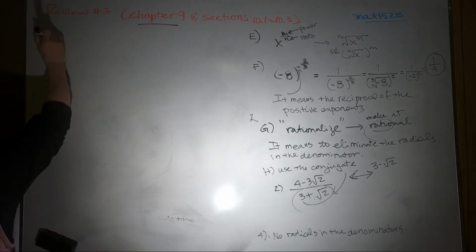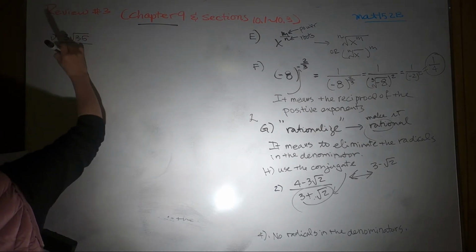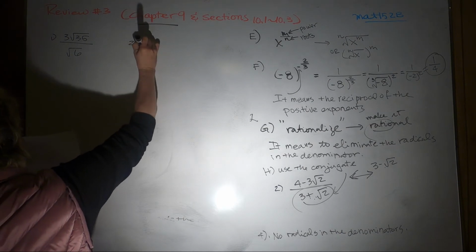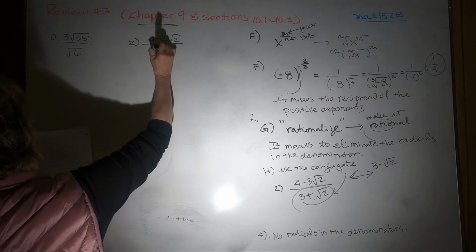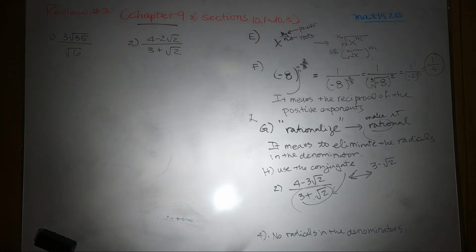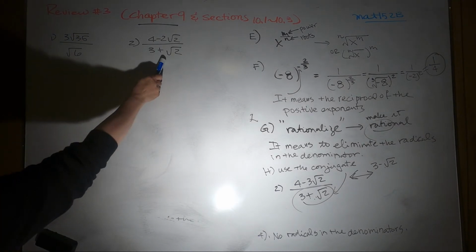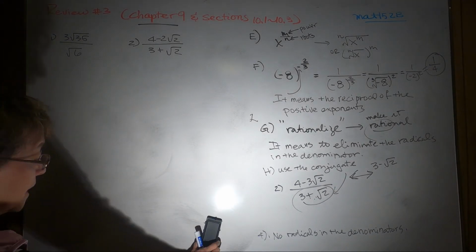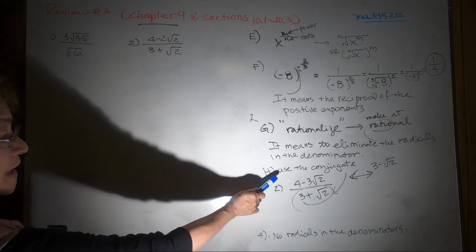Okay, so if you look at the next example, we have two things. One, you have one term in the denominator, right? Another one, you have two terms in the denominator. So if you have two terms, to get rid of the radical in the denominator, you need to use the conjugate.